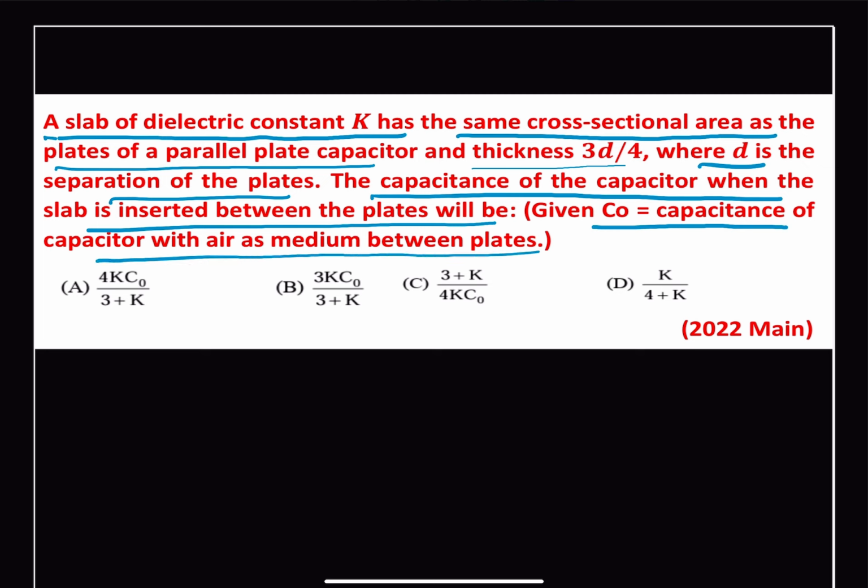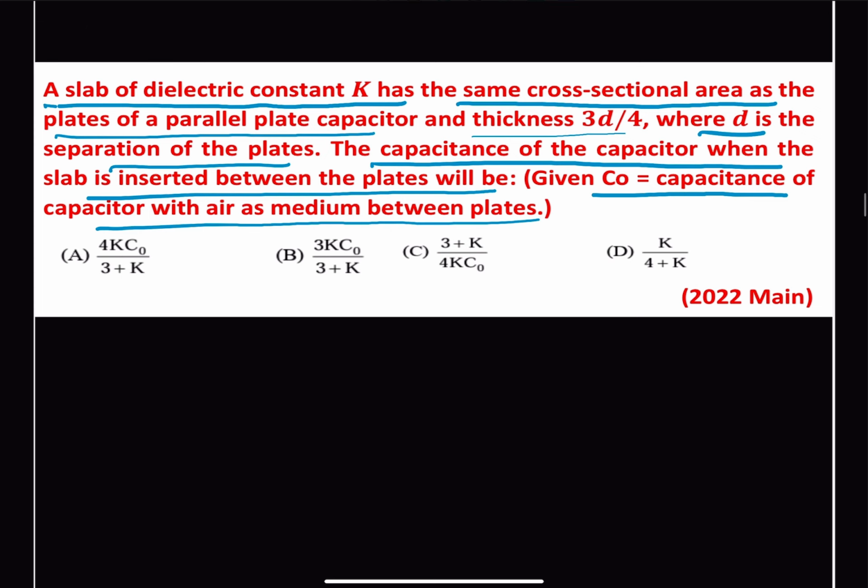So we have a parallel plate capacitor whose original capacitance is C0, d is the distance between the plates, and A is the area. In this we have introduced a dielectric whose thickness is 3d by 4.